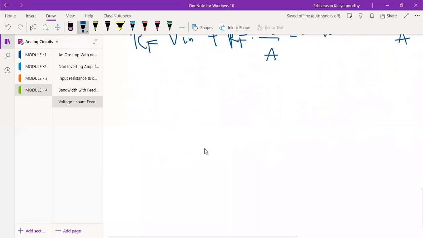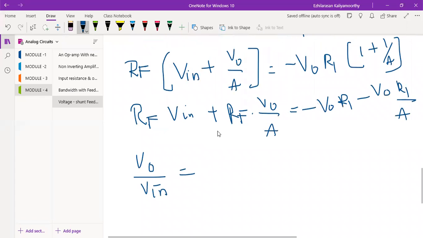Rearrange this expression completely. You need to bring V naught by Vin. So just rearrange and bring the terms you want.